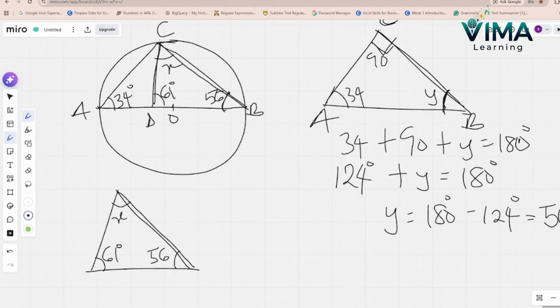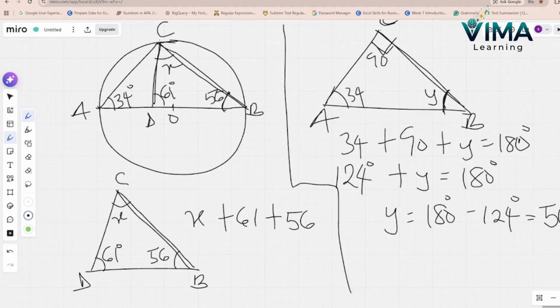So, sum of angles in a triangle. This is D, this is B, and this is C. We have to bring that out to help us. So, sum of angles is X plus 61 plus 56 is 180 degrees.